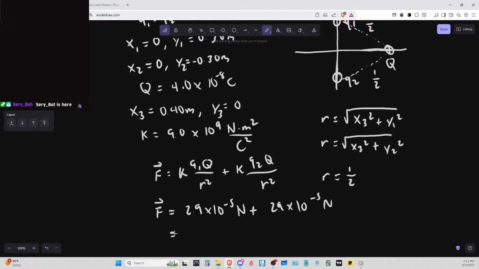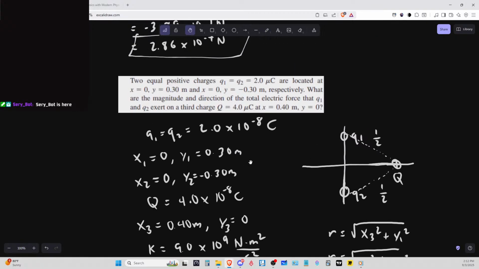And the force altogether, magnitude. What is the direction of the total electric force?